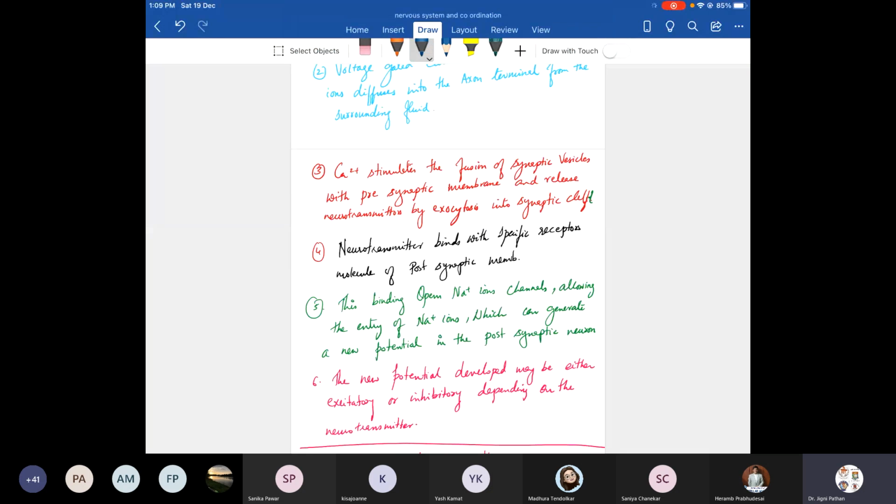These neurotransmitters can be excitatory neurotransmitters or inhibitory neurotransmitters. It means it can allow the next neuron to get excited based on the information coming from the brain, or else it can allow the impulses to stop there. It depends whether to send the impulse further or not. It can be excitatory or it can be inhibitory.